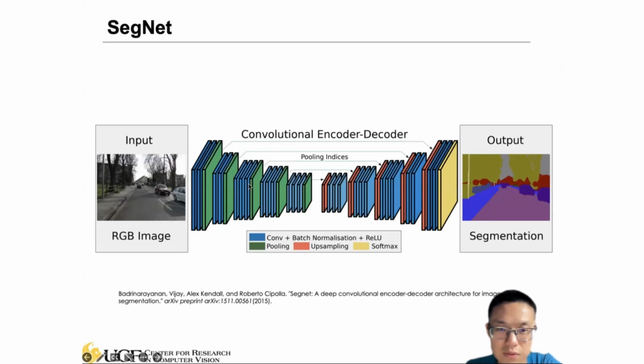These are pretty standard operations, so you gradually encode the features into a high-level representation. You also reduce the spatial resolution for efficiency, and try to aggregate more context from the original input.